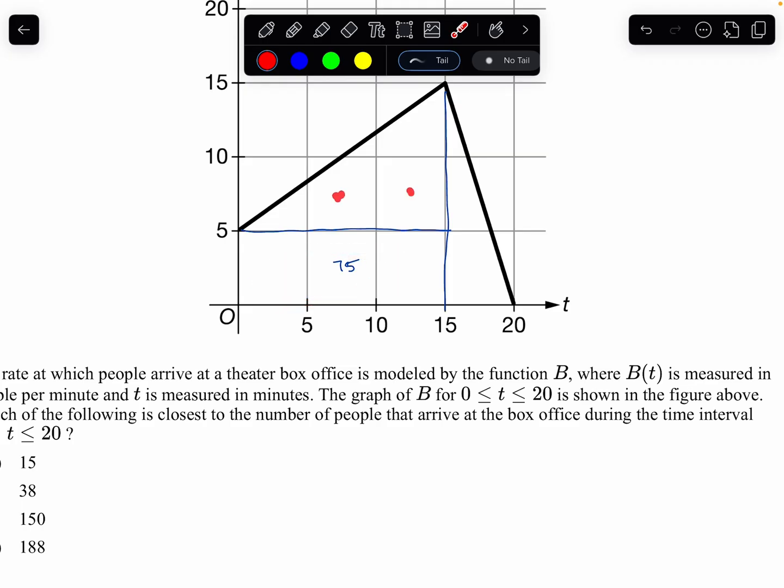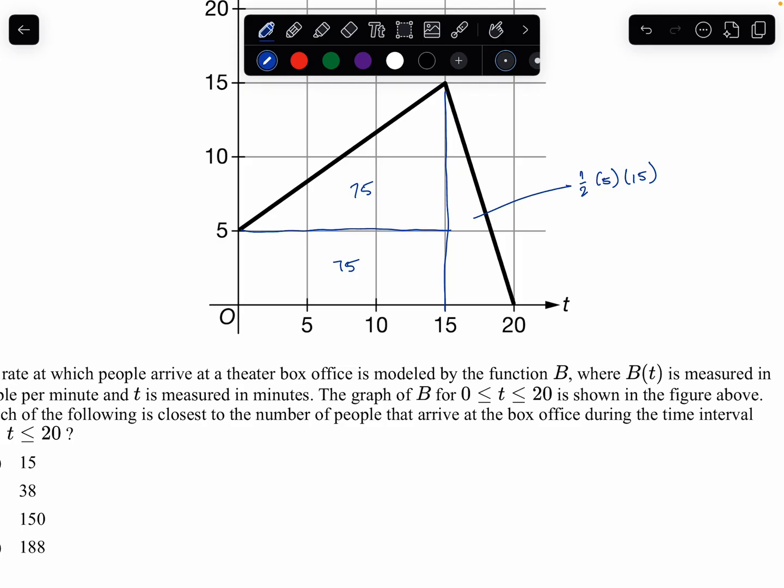This would be 75 too, because it's the same amount of space as this right here. 1, 2, 3. So this will be 75. And then this right here, bring that down. It's just going to be 1. I'll just do so the base is 5. So 1/2 of 5 times the height, which is 15.